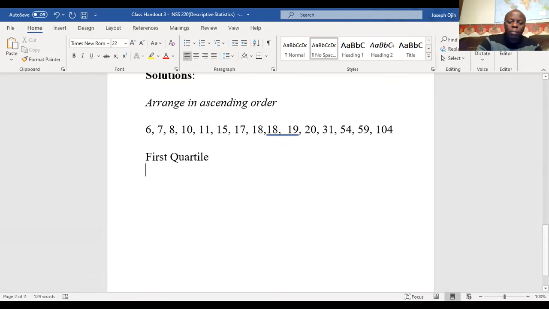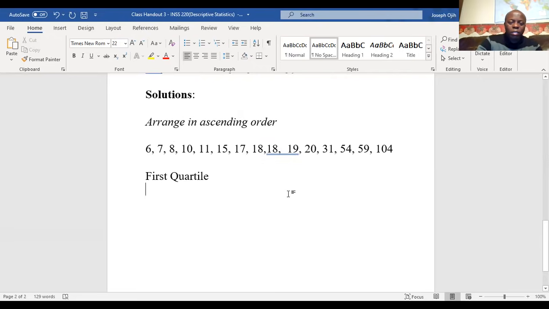I'm going to go to another workbook where I have the formula, so you can write it down. But before then, what is our n? How many numbers do we have here? 1, 2, 3, 4, 5, 6, 7, 8, 9, 10, 11, 12, 13, 14, 15.